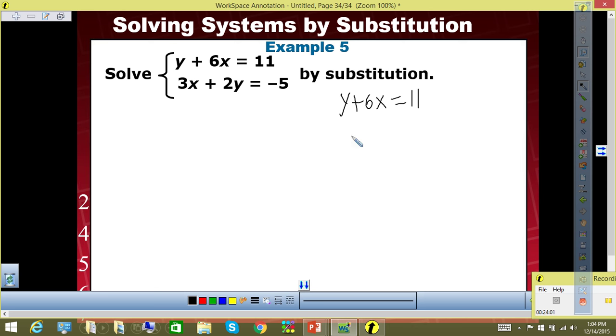And for which variable would you like to solve? For y. So that means I need to get rid of x. So minus 6x, minus 6x. We're left with y equals negative 6x plus 11. All right. So far so good? Yeah? Okay. Pass it to someone.